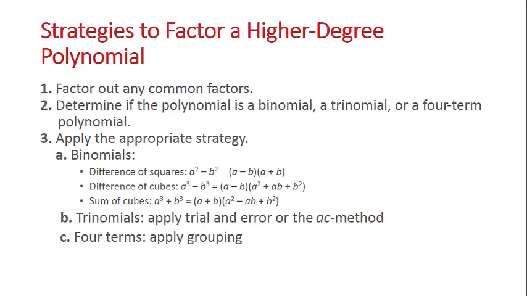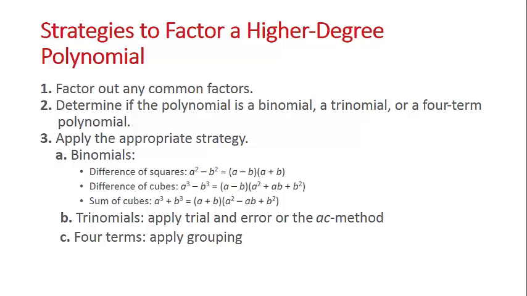We want to try to factor higher degree polynomials so that we can solve higher degree equations. And we apply the same strategies that we have used to factor trinomials and binomials and so forth. So we first want to begin by factoring out any common factor, and then we determine if the polynomial is a binomial, trinomial, or a 4-term polynomial.